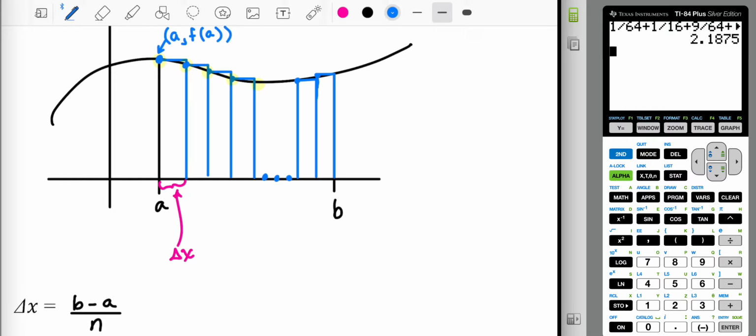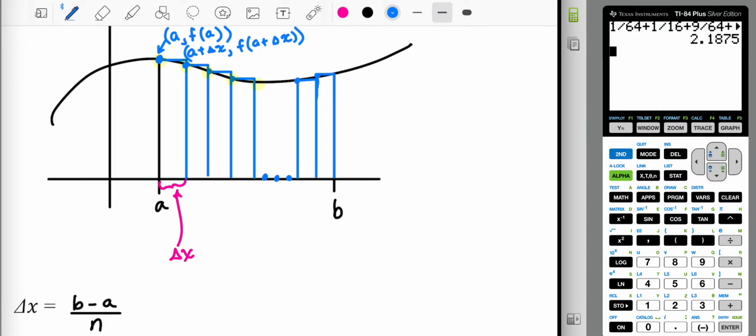The second point is the a value increased by delta x, so a plus delta x. Whenever you evaluate a function, you plug the x value into the function. So f of a plus delta x. The third point, we're going to have two of those delta x's.